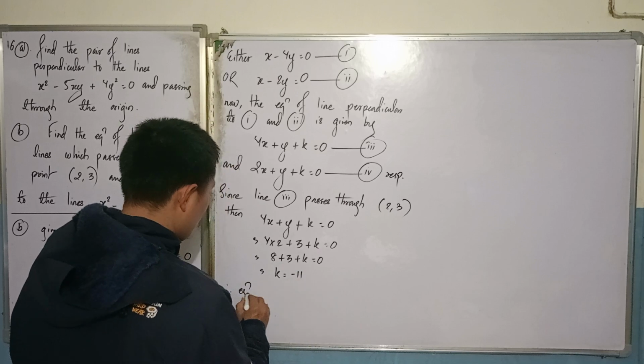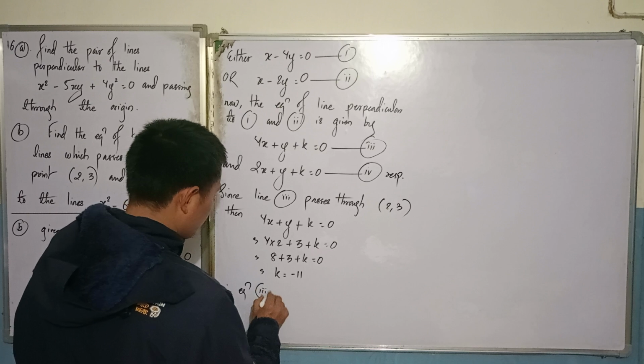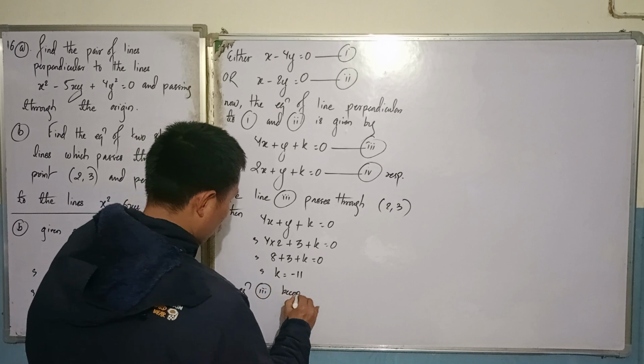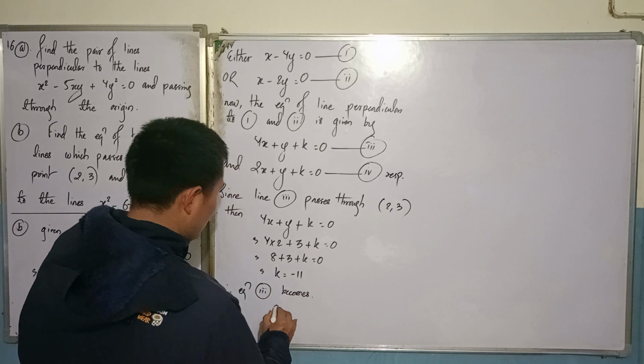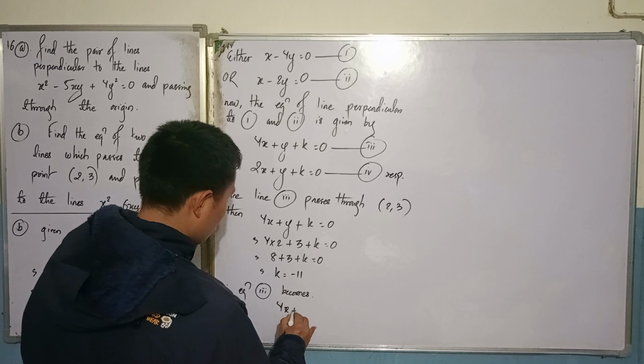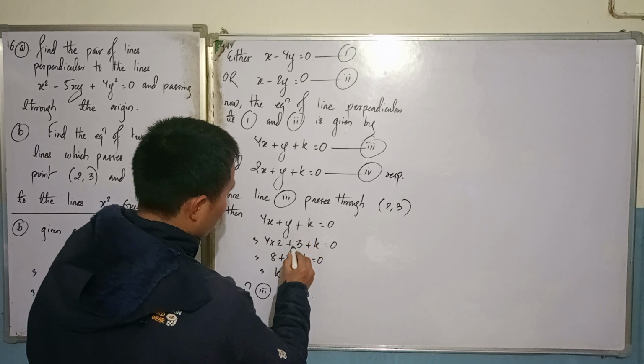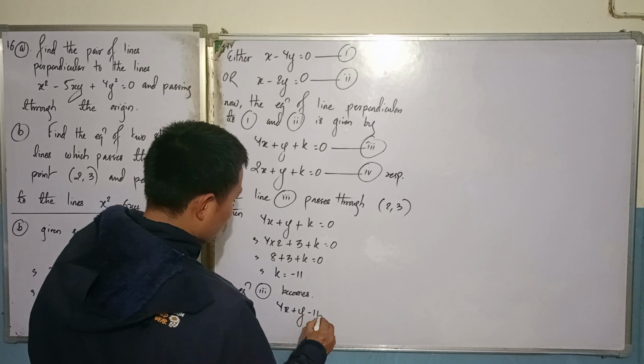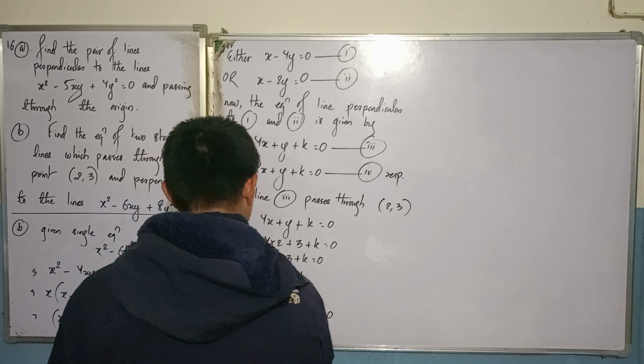Therefore equation III becomes 4x plus y minus 11 is equal to 0.